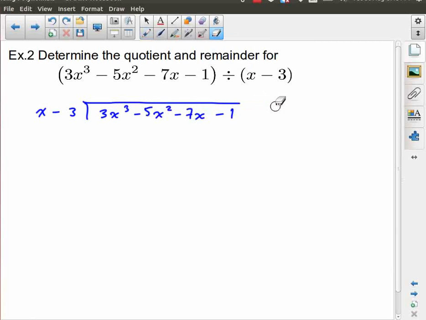Now when you do this, you're going to want to make sure that you have this in descending order of the powers of x. I'm sure we're going to run into this with some homework questions, but I strongly recommend you make sure you have a delta of 1 for the exponents.